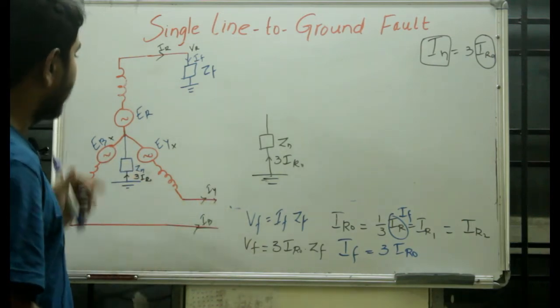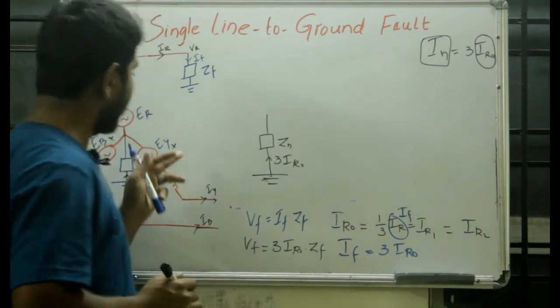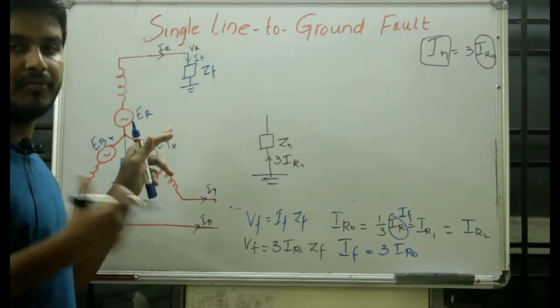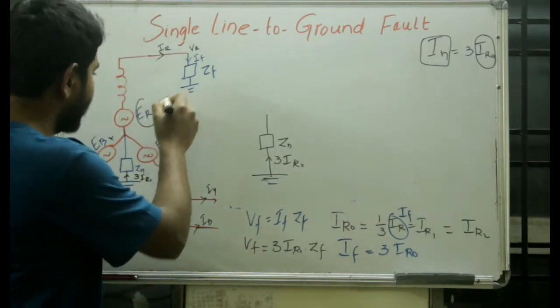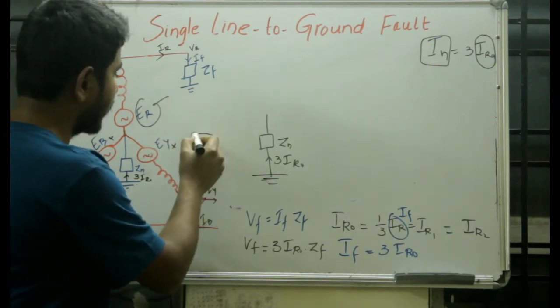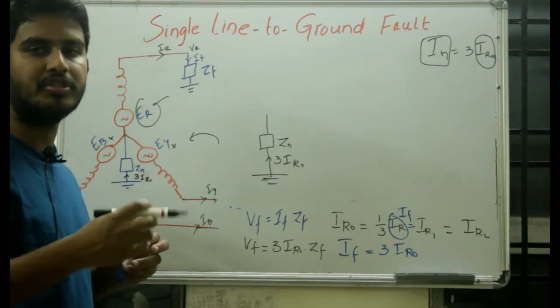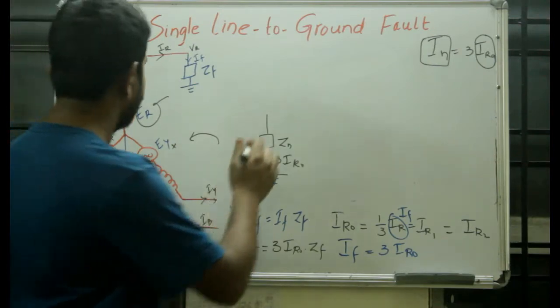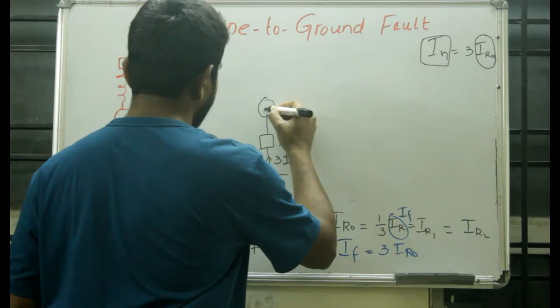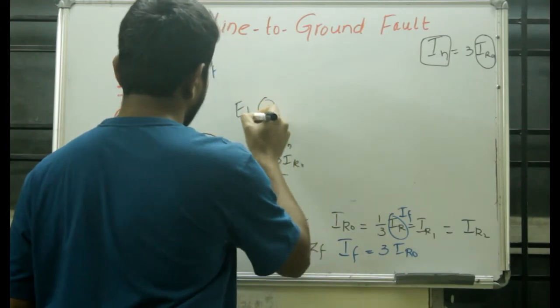Okay, so here in the alternator we will be taking a positive phase sequence, so ER is considered because the rotor will be rotating in the anti-clockwise direction, and in that direction we will be considering the positive sequence EMF. So here we are having the positive sequence EMF, that is ER1.